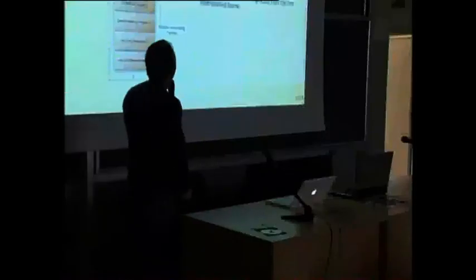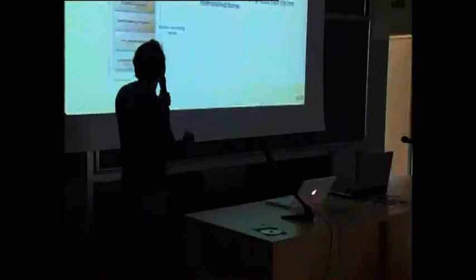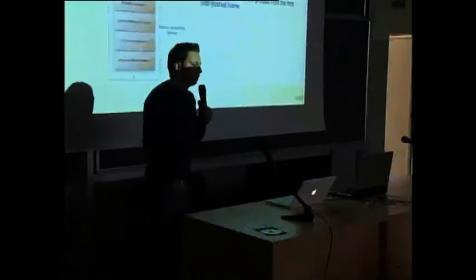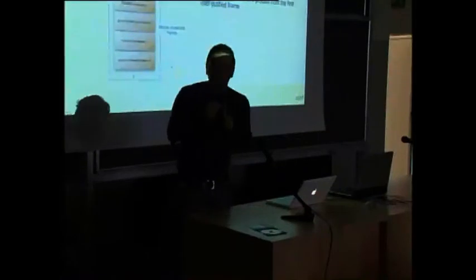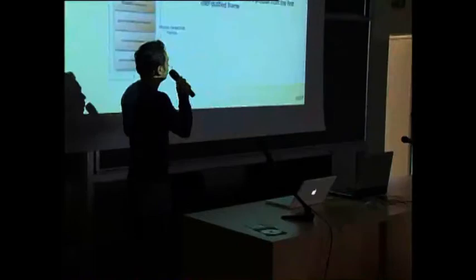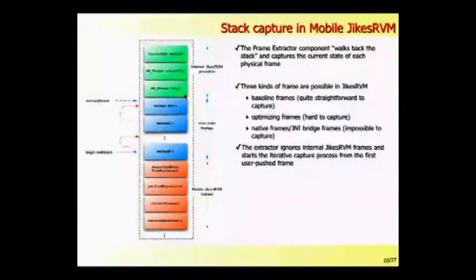State capture in Jikes RVM is basically a walk-back process, starting from the last user frame to the first user frame. And there can be three kinds of frame in the stack. We can have baseline frames, which are the most straightforward to capture. The optimizing frames, instead, are very hard to capture, and for this reason they were treated in the second year of my PhD.